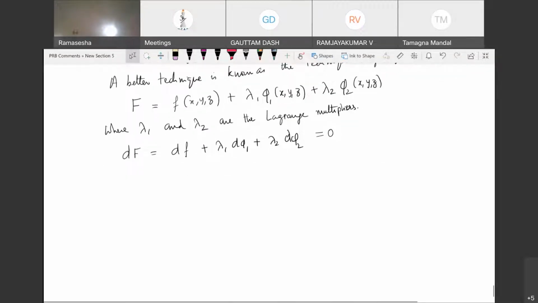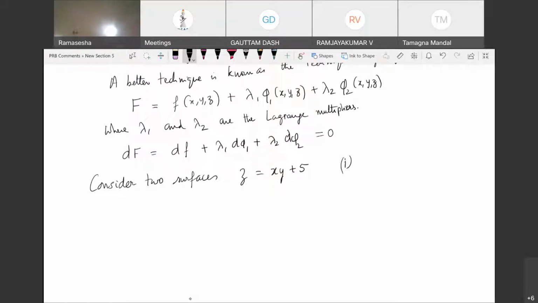Okay, so let me consider the following. Consider two surfaces. Basically the first is x plus y minus z equal to 0. So this is one surface.